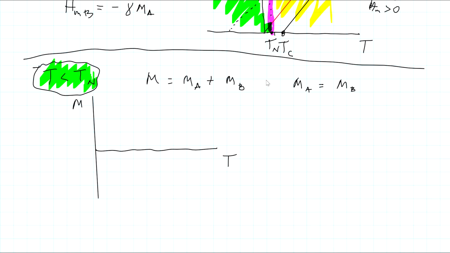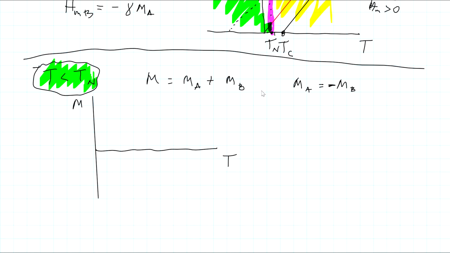For the total magnetization, M_A plus M_B, you need to remember that this is actually a vector sum, so either we put vectors in there or we put a negative sign here.